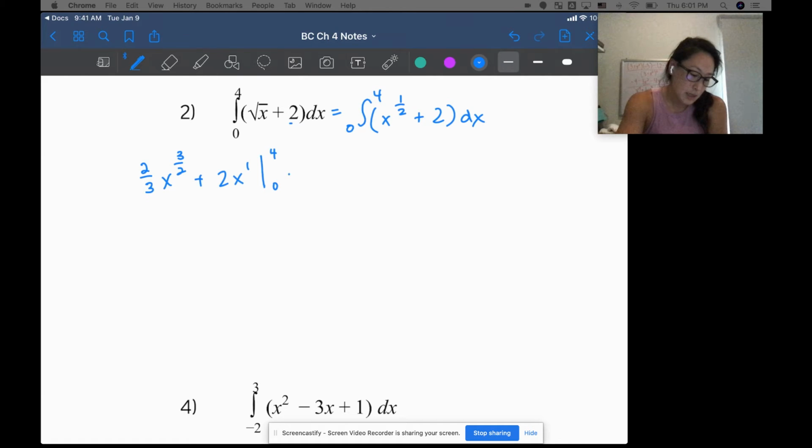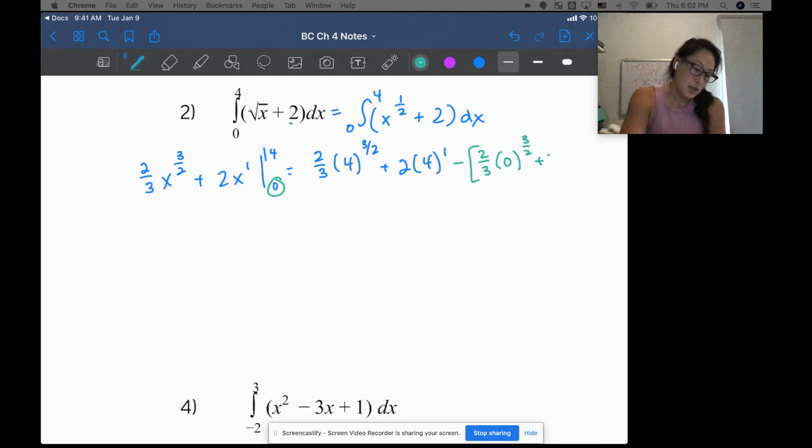So I get 2/3 times 4 to the 3/2 plus 2 times 4 to the 1. Then I need to evaluate with the 0, so I subtract the same thing with 0 for x: 2/3 times 0 to the 3/2 plus 2 times 0 to the 1.